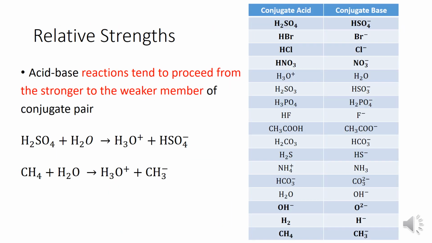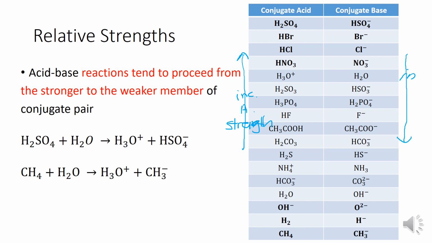Now, in this table on the right, the strength of the conjugate acid is increasing as we go up the table. So again, we have here increasing acid strength. For the conjugate base, the strength is also increasing, but that is as we go down the table.